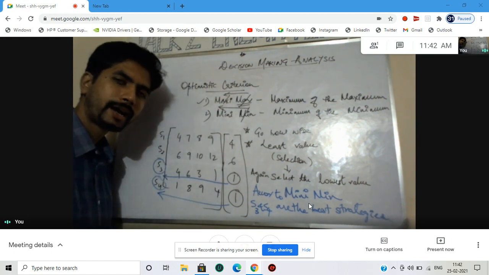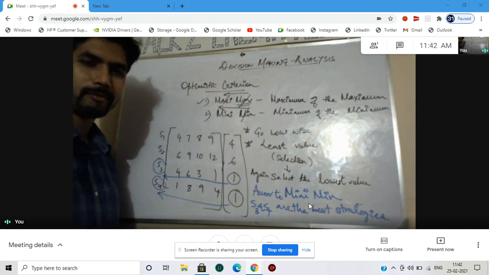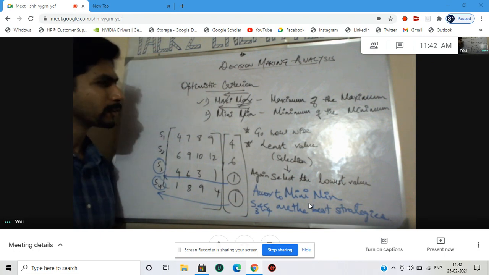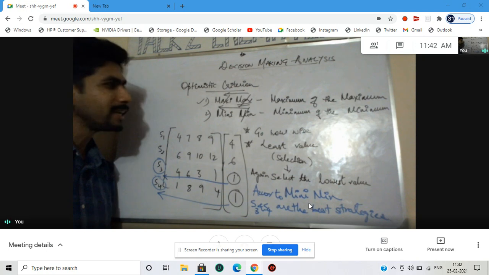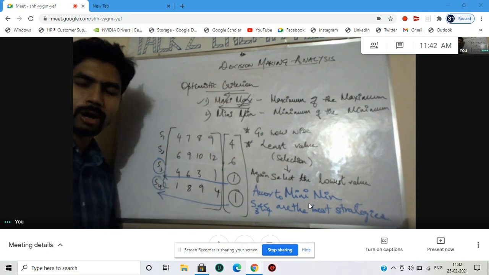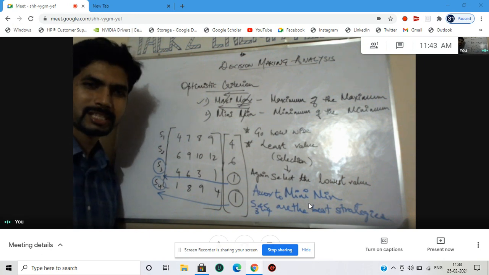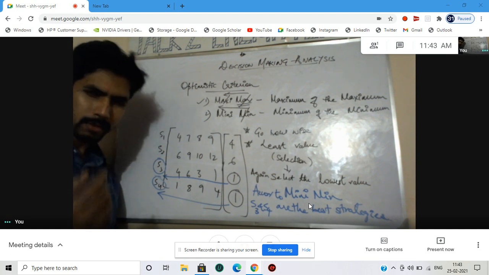So the manager has two strategies which are going to give the same result. So this is about the optimistic criterion, or the two techniques called Maximax and Minimin. Maximax and Minimin. Is that clear? Optimistic criterion, or it's also called criterion of optimism. Is that clear? Okay. Proceeding further.